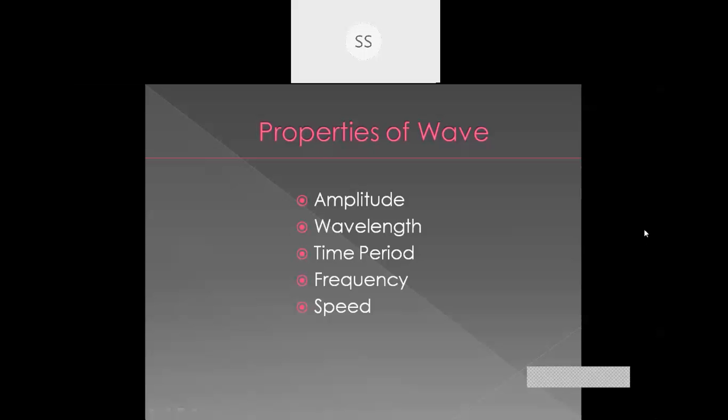Frequency is the total number of vibrations in 1 second, and speed is the velocity of the wave, which is determined by wavelength divided by frequency. So we can see that wavelength, time period, frequency, and speed are all correlated. They all depend on each other.